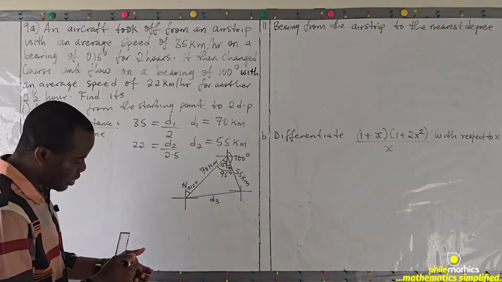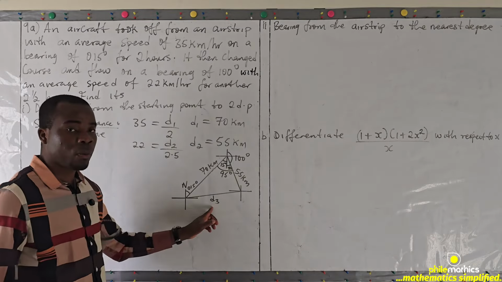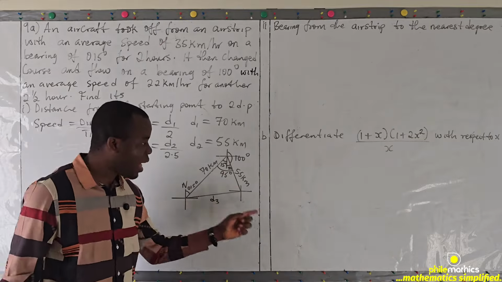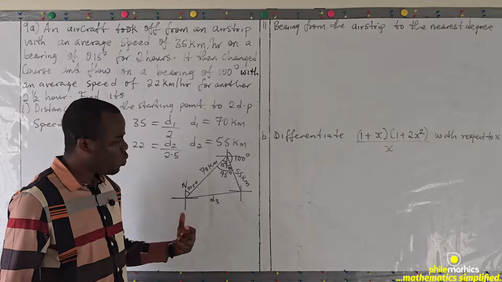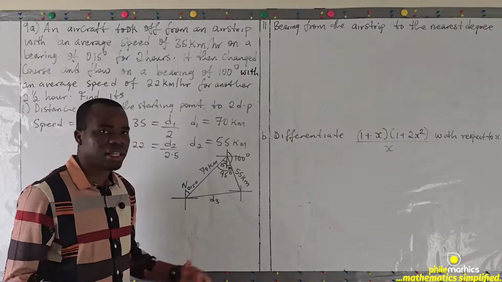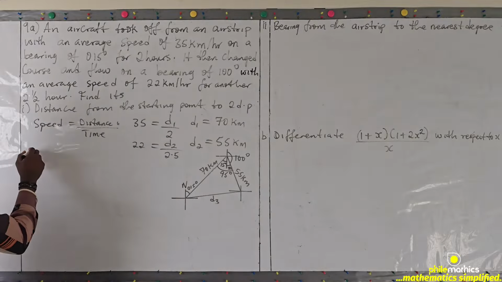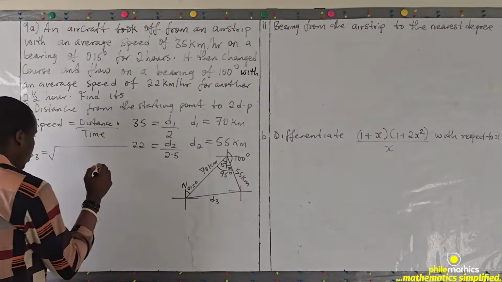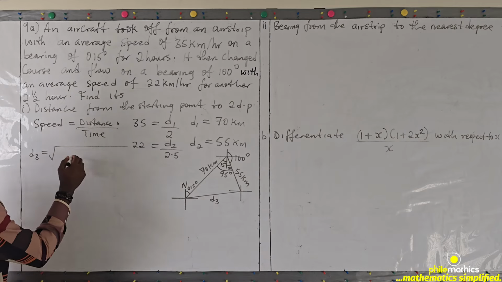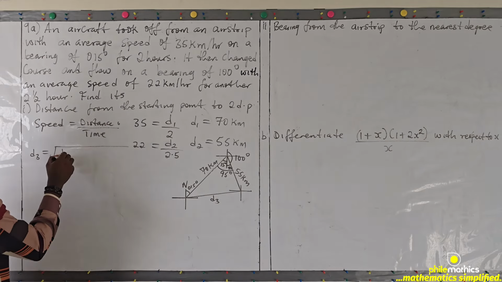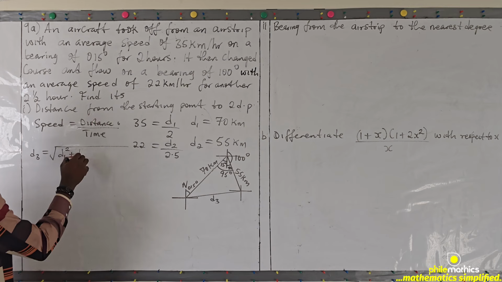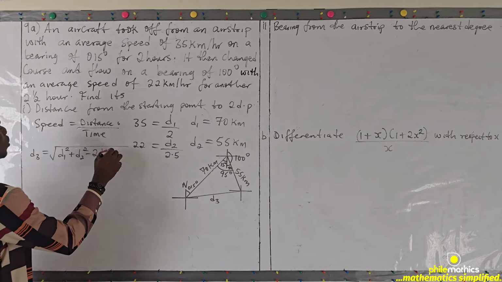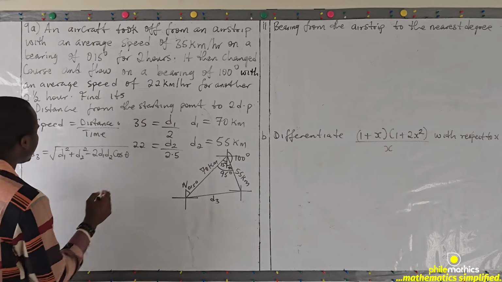Now, to get this third distance is easier using cosine rule, because if we know two sides and an included angle, we can use cosine rule to find what D3 is. D3 is simply the square root of the first distance D1 square plus D2 square minus 2 times the first distance, second distance, cos the included angle.